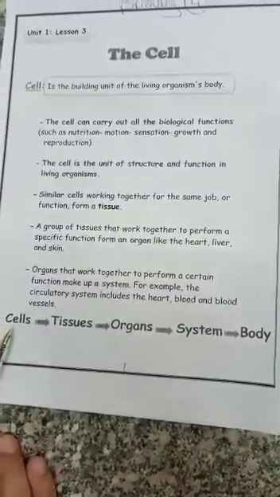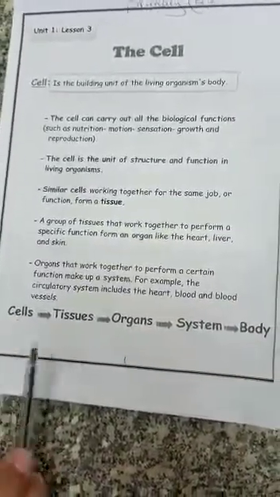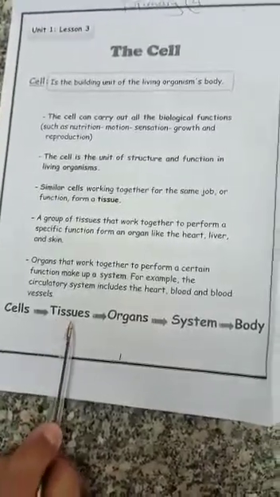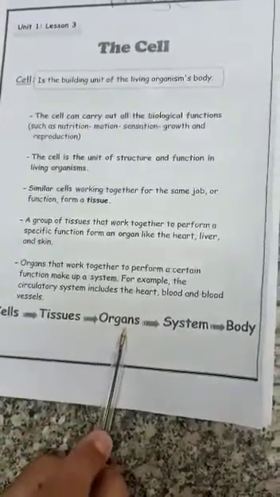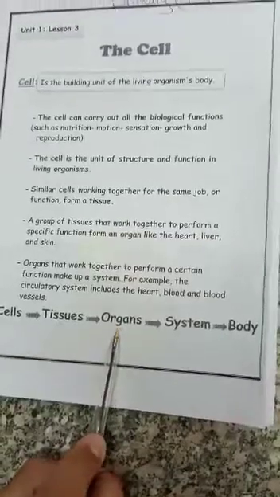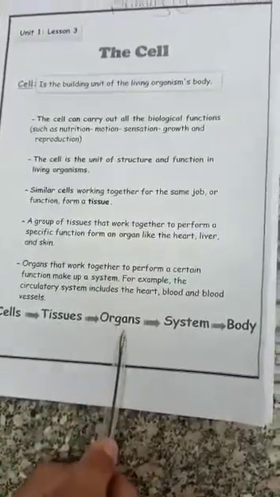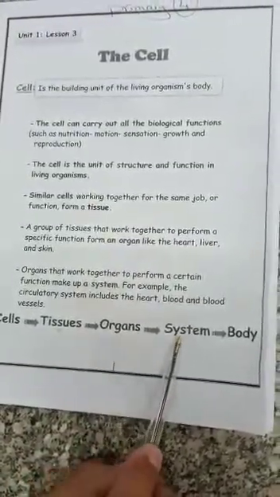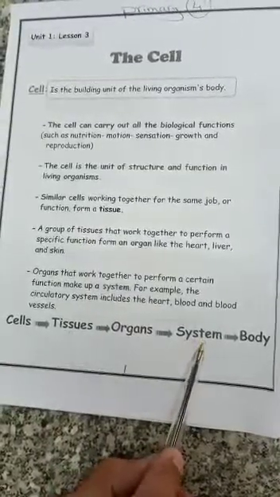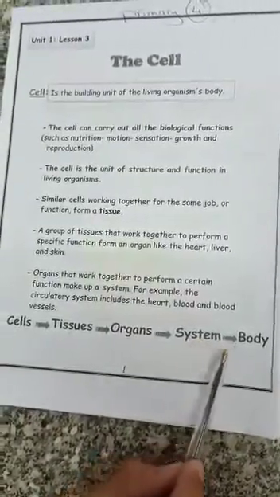Again, a group of cells forms tissue, a group of tissues forms an organ like heart, liver, skin, a group of organs forms a system, and a group of systems forms the body.